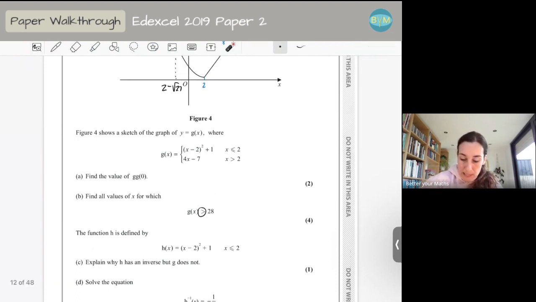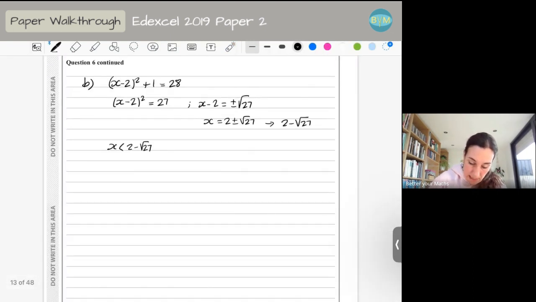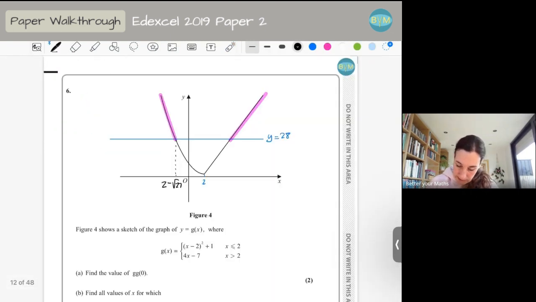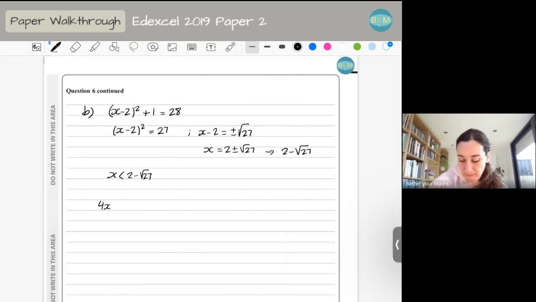And then for the other branch, I'm going to find this point. This point is where this line equals 28. So it's even easier. For the second part, I forgot the line: 4x minus 7 equal to 28, which means x equal to 21 fourths.